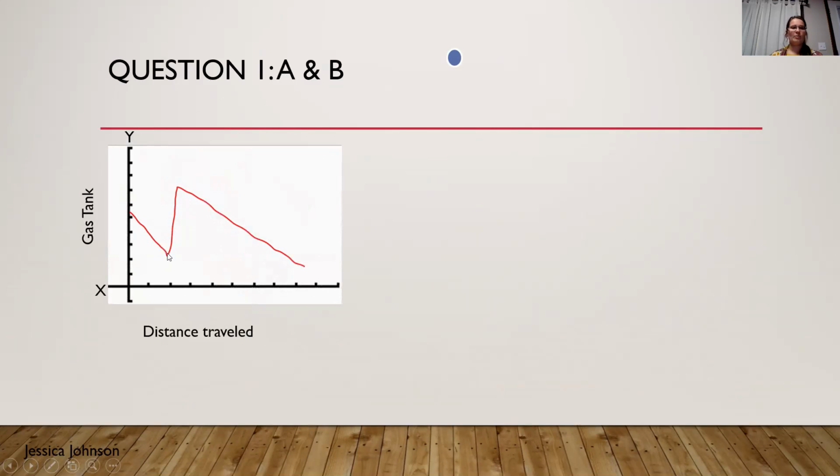Then we're going to stop and we're going to refill. And this is actually going to go straight up because we're not actually traveling a distance. And the y-axis denotes our gas tank going up. And then we're going to start traveling again. The farther we go along the distance, the y-axis is going to decrease, denoting our gas tank.